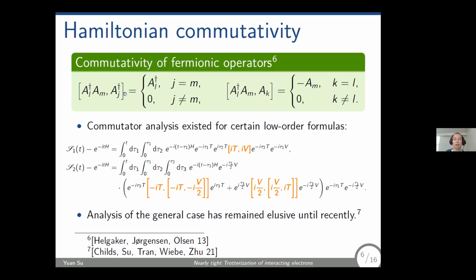Naively, you would think you would get an arbitrary fermionic operator, but actually that is a little bit pessimistic, because in many cases you get the zero operator. The only case where you get a non-zero operator is when index j is equal to index m. So there's some kind of contraction going on here. You get a similar situation when you take a commutator with the annihilation operator, but I don't want to repeat that.